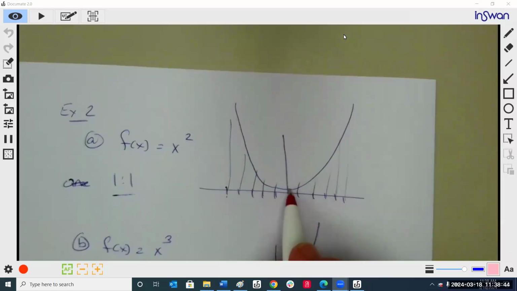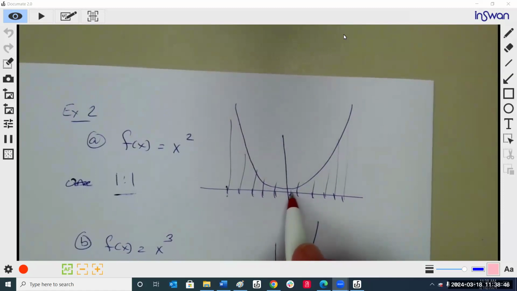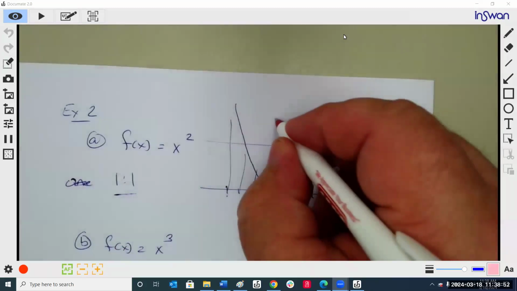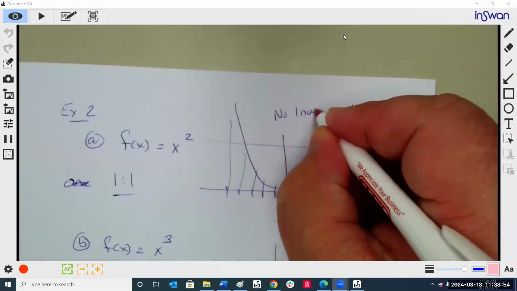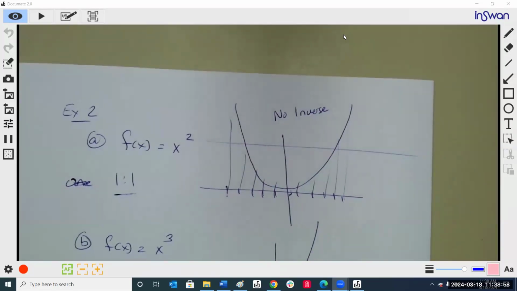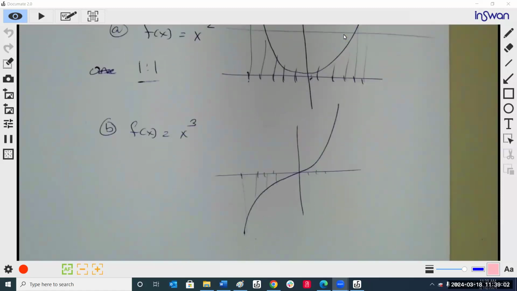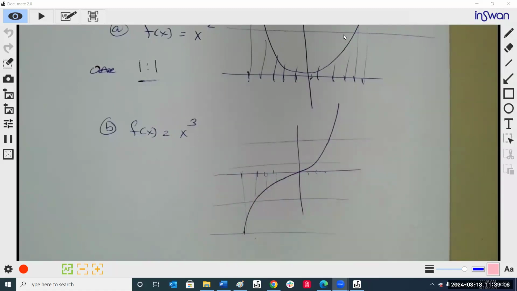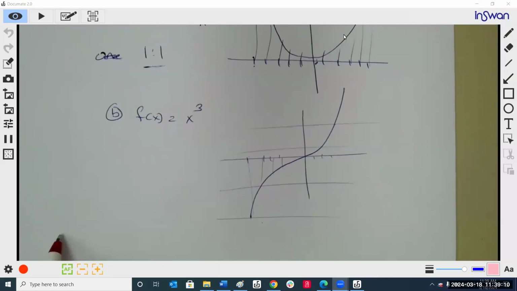So the x squared would not have an inverse because it fails the horizontal line test. So it has no inverse. The cubic function passes the horizontal line test, so it does have an inverse, a unique inverse.